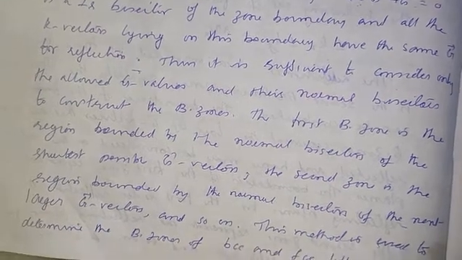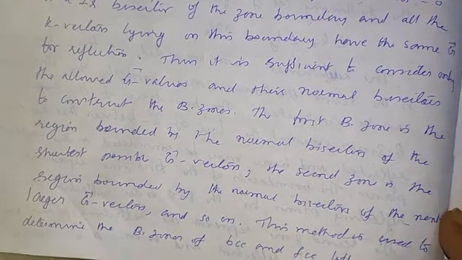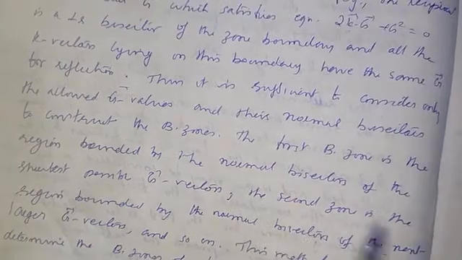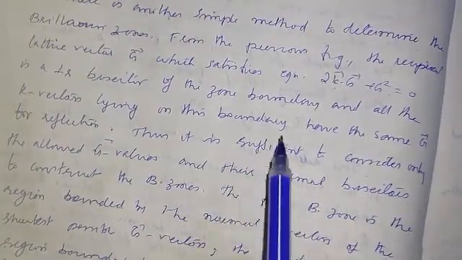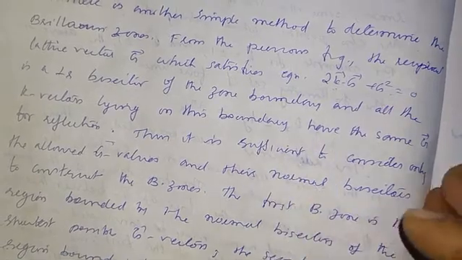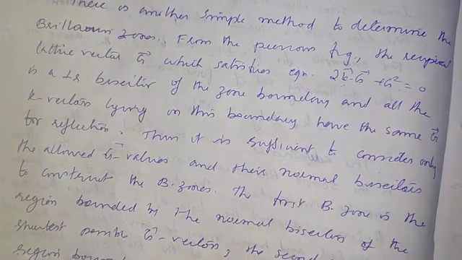This method is used to determine the Brillouin zone of BCC and FCC lattices. This is nothing new. This is just what we have used in the construction of Wigner-Seitz cells in usual primitive crystal lattices.